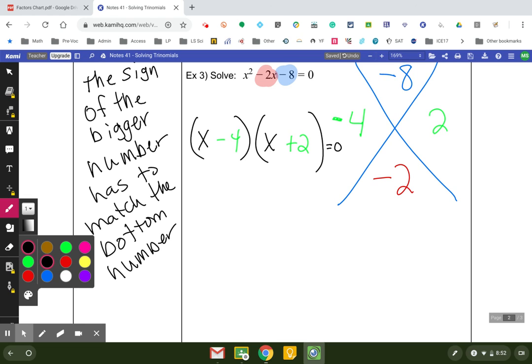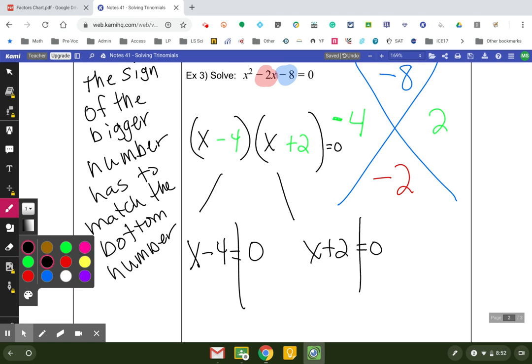We're going to split it into two problems. We have x minus 4 equals 0, and x plus 2 equals 0. Plus 4, plus 4, x equals 4. Minus 2, x equals negative 2.